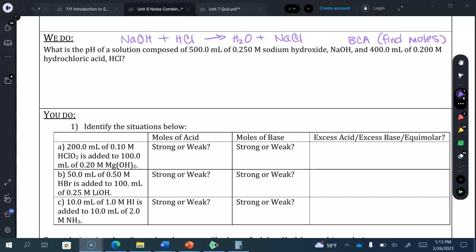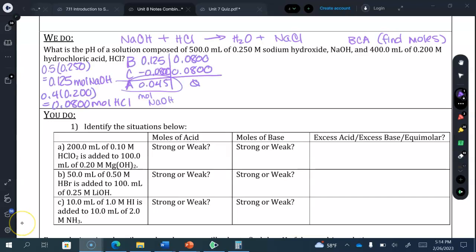So please pause the video and do that now. Okay, so you should have determined that sodium hydroxide was in excess because they react in a 1-to-1 ratio, and you have a lot more sodium hydroxide than you do hydrochloric acid. And so using a BCA table, you should see that you find 0.045 moles of sodium hydroxide.